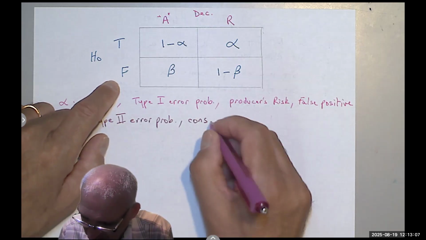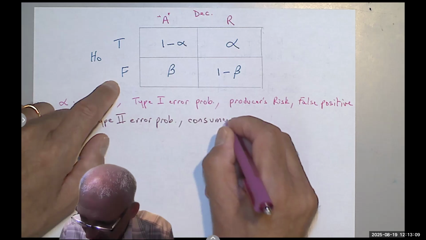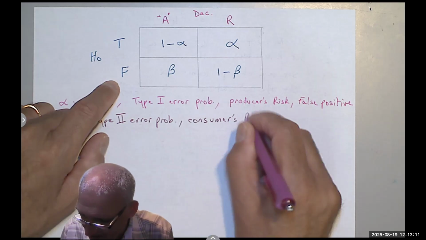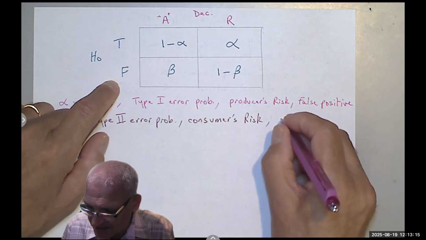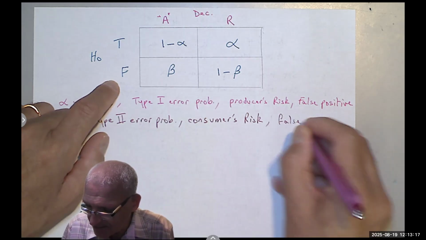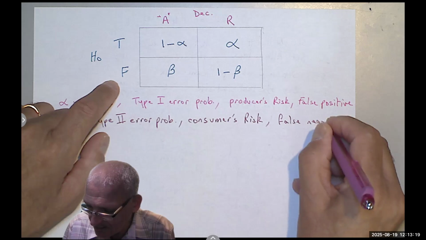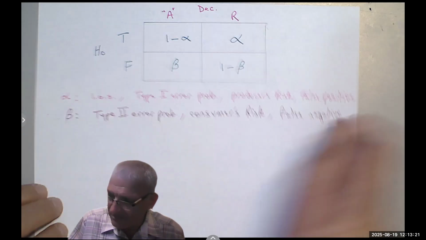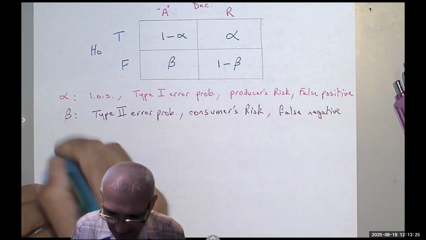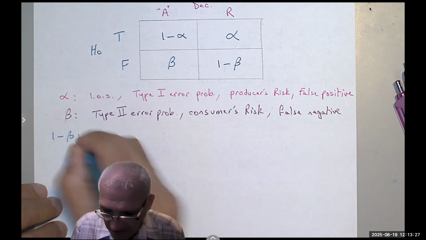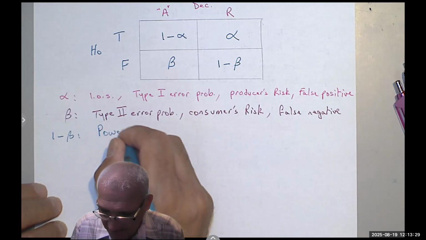So it's the consumer's risk. And of course, we can call it false negative. On the other hand, 1 minus beta is called the power of the test.